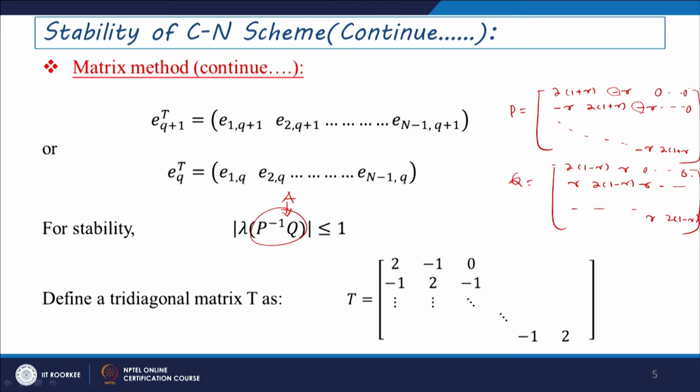That is why we want to write these R coefficients in a separate matrix form, and here we have defined those coefficients in the form of T.